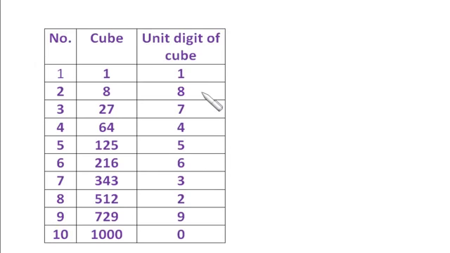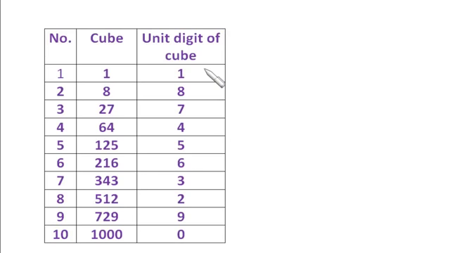Similarly, if the number which is given to us has 8 at the units place, then definitely its cube root will have 2 at the units place. Similarly, we can observe from the table. Just observe it very carefully. You can make this table for your initial practice, and definitely you know all the cubes of the numbers, but for initial practice you can make this table.